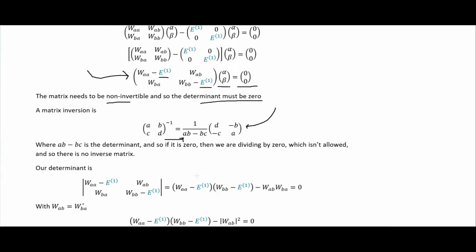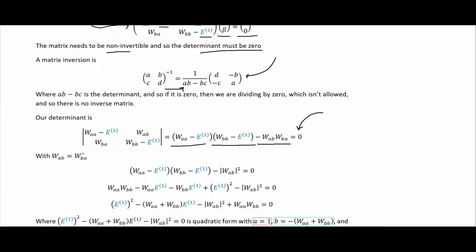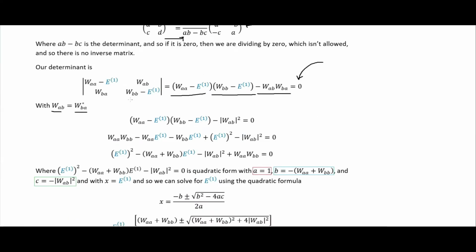And the reason we want that is because we want the determinant to get this equal to zero, so then we can use the quadratic equation on it, because this right here will be our determinant. We are using that W sub AB is equal to the complex conjugate of W sub BA, and we just do FOIL with these two terms.